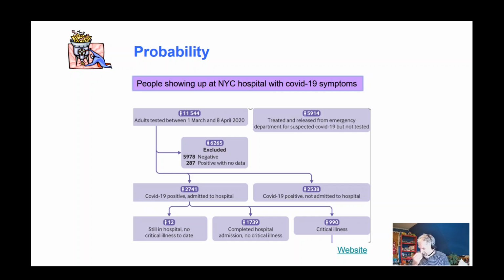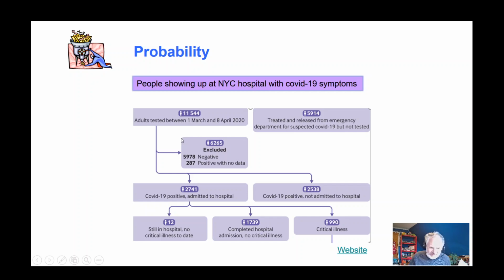So of those 11,544 people that got the COVID test, 6,265 were excluded or tested negative, right? So they got the test. Of the 11,500 and some, roughly a little over half of them, the test came back negative, or it came back positive, but they had no way of linking it.